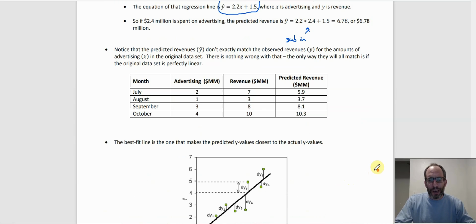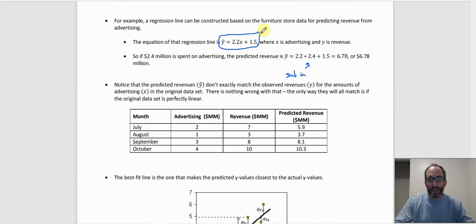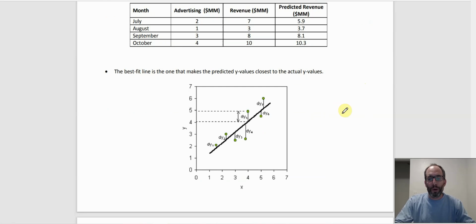So the best fit line, generally, because the next thing is how do you get one of these lines, right? How do you get this equation that's boxed in up here? Where does that come from? Well, what you want is a calculator or software to give you the line that fits the best, and that's the one that makes the predicted Y values closest to the actual ones in your data set.